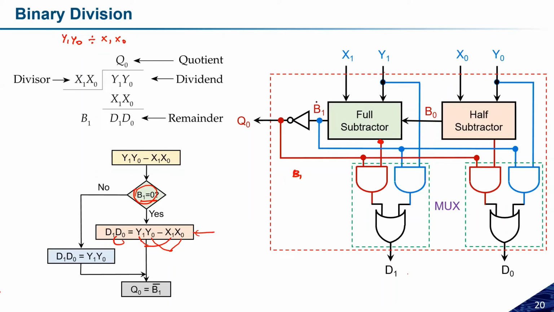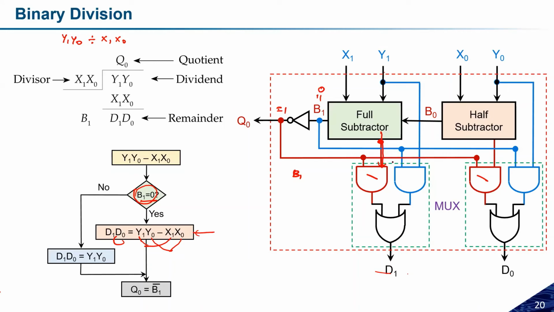Because B1 is equal to 0, the B1 complement by default becomes 1, and that will activate these two AND gates, and they will pass the subtracted outputs.